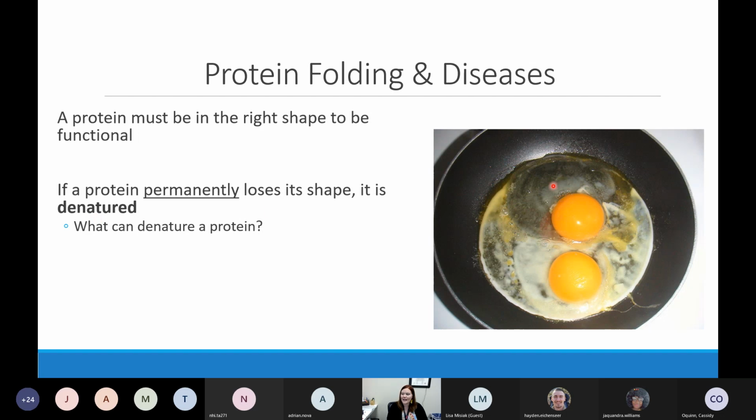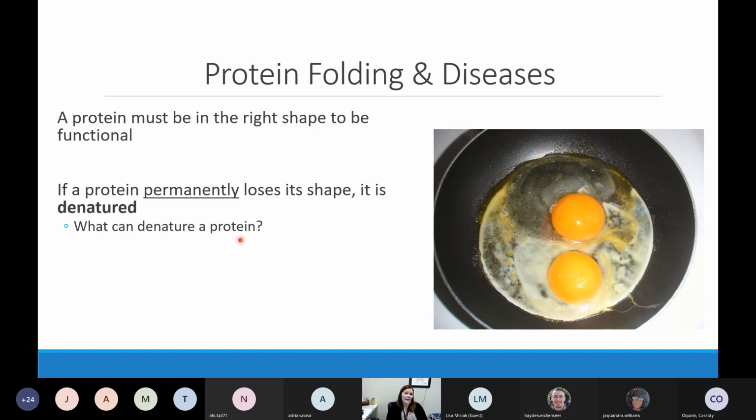When you first crack an egg into the pan or into a bowl, it's clear, but as we add heat, we change the 3D shape of the proteins inside the egg whites. And when they change their 3D shape, they stop being clear and they start being white. So denaturing a protein is what we see happening with eggs. You can't unfry an egg. It has permanently lost its clearness, its shape.